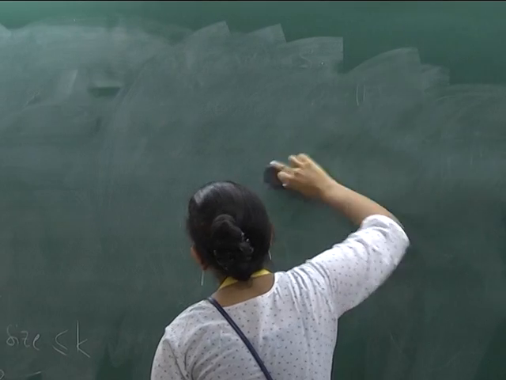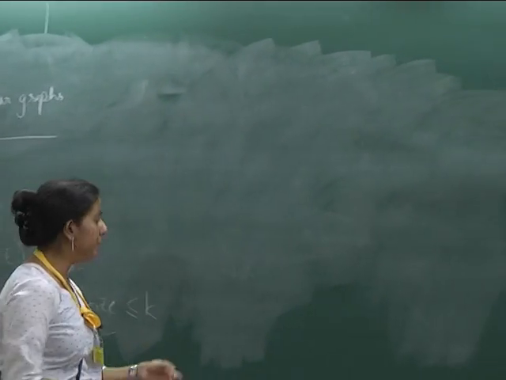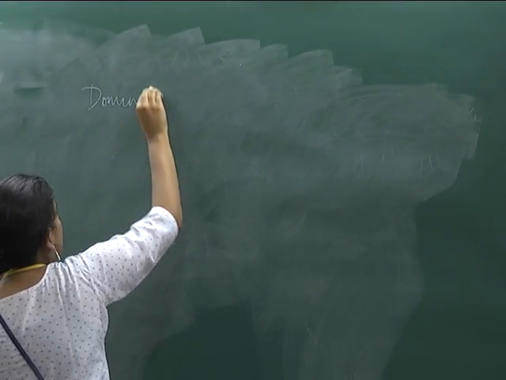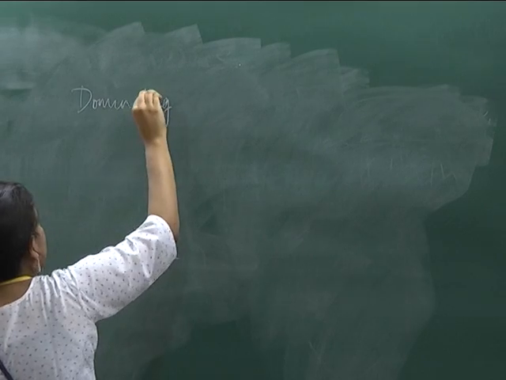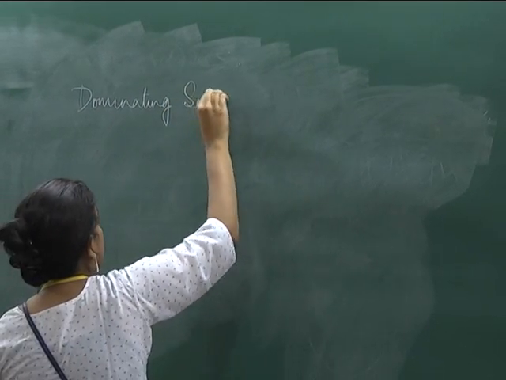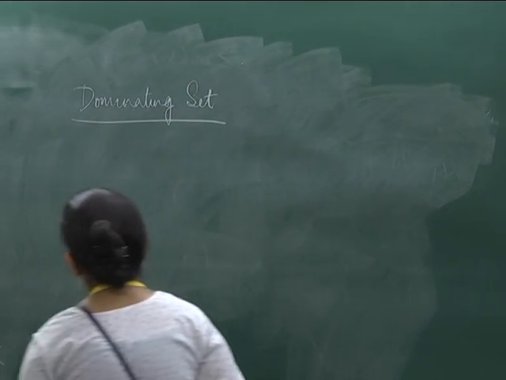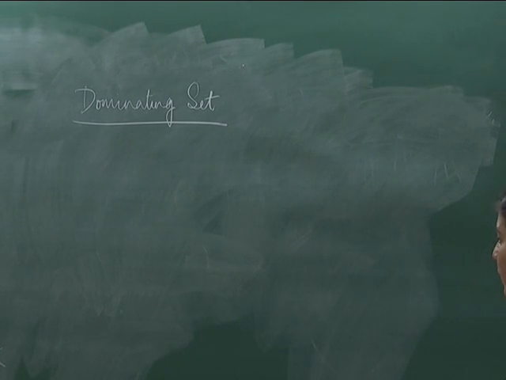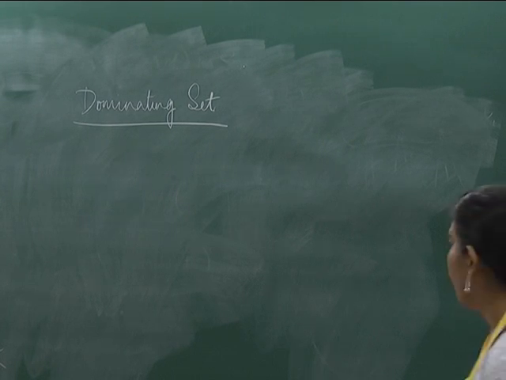Okay, let's quickly do another example showing that dominating set, which is another classic problem, is also hard. And again, let's try to start from just multicolored independent set.